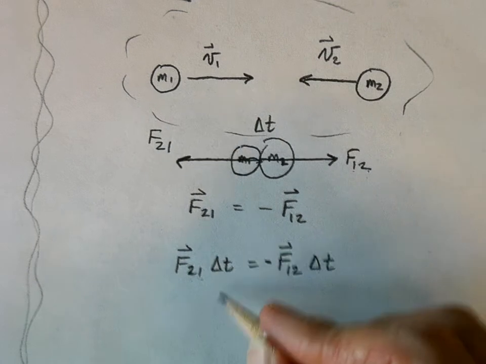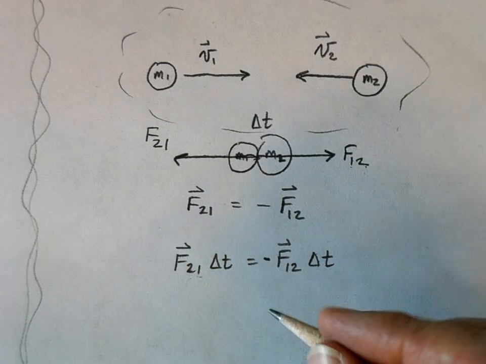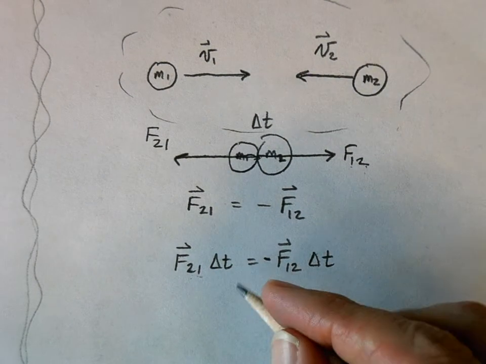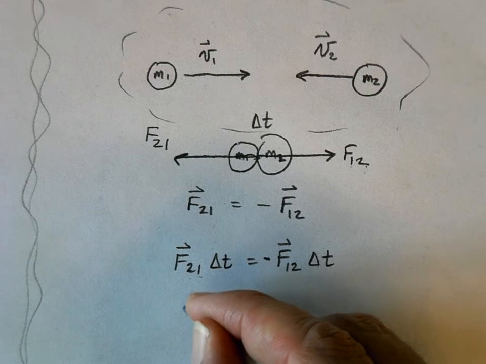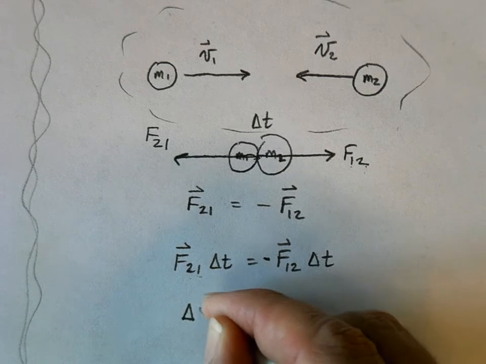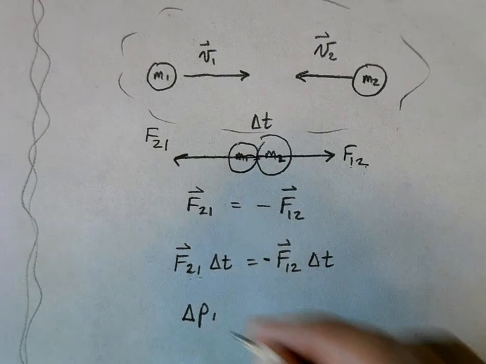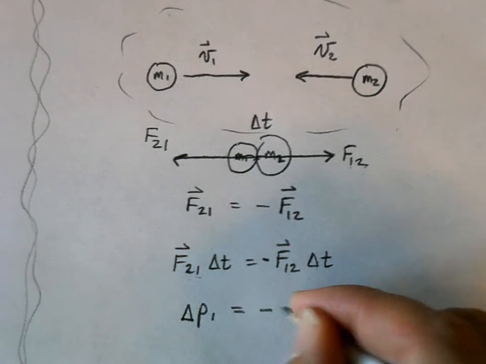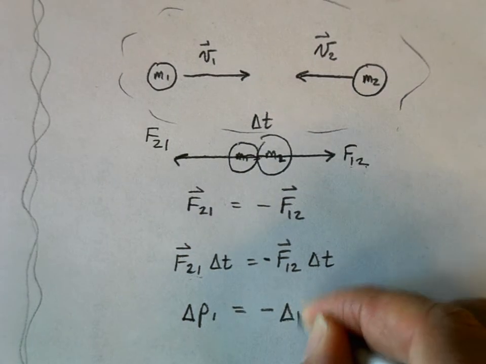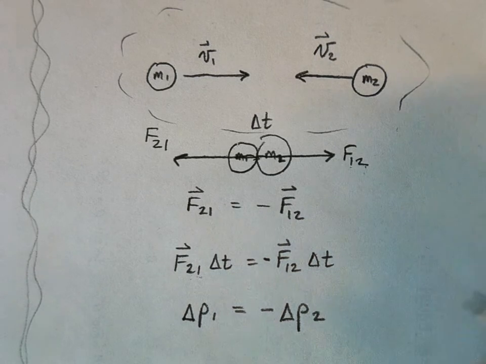And the impulse momentum theorem says that the impulse is equal to the change in momentum. So this really represents the change in momentum of ball 1. But that's going to be equal, but in the opposite direction, to the change in momentum on ball 2.